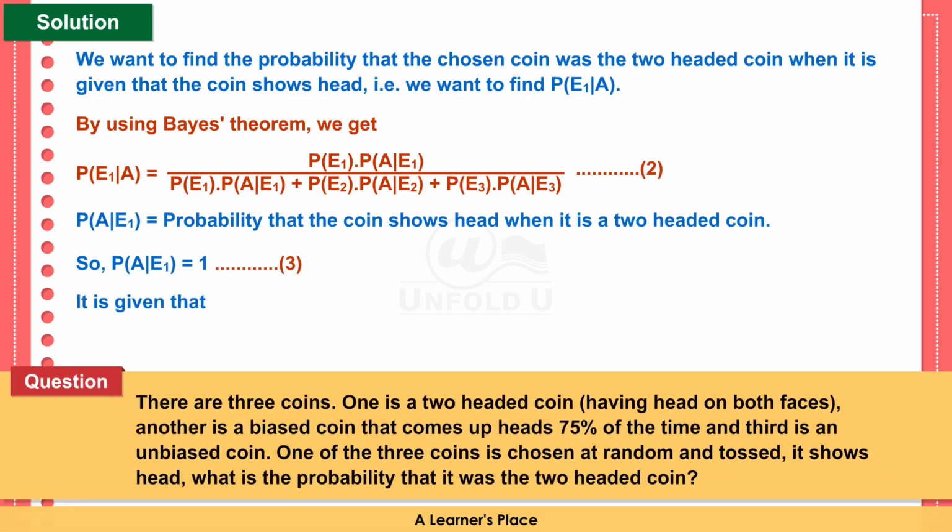It is given that on a biased coin, heads comes up 75% of the time.